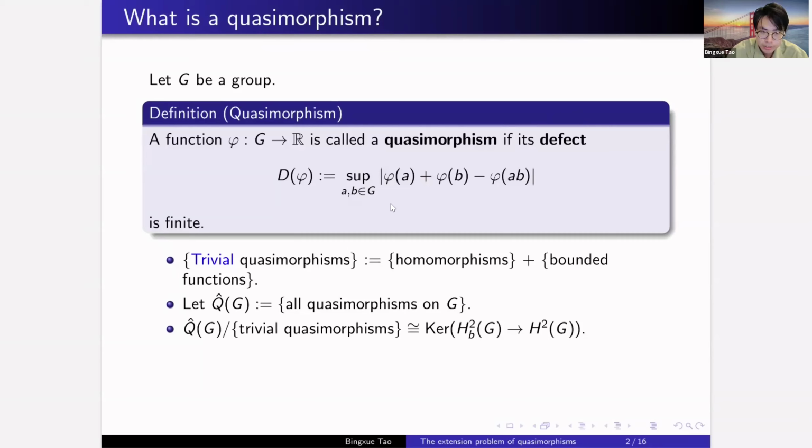If you can find a non-trivial quasimorphism on the group G, then you could say that the bounded cohomology of G is non-trivial.